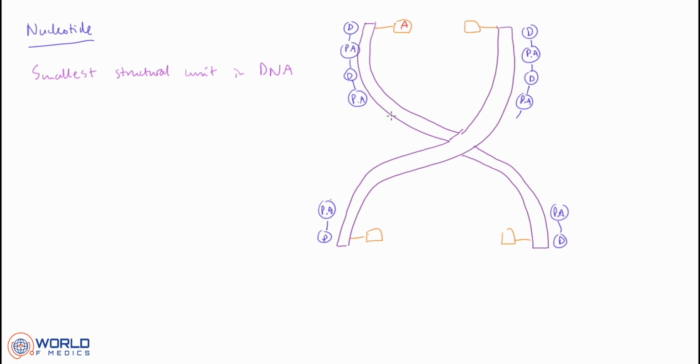Now, where does a nucleotide come into all of this? Well, a nucleotide is simply composed of one pentose sugar, right? One pentose sugar. So that's going to be our deoxyribose, plus one phosphate group, which is going to be our phosphoric acid, plus one nitrogenous base.